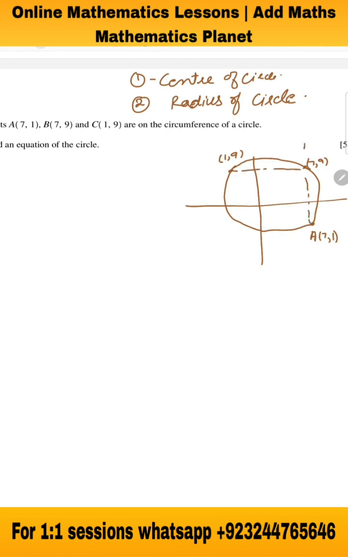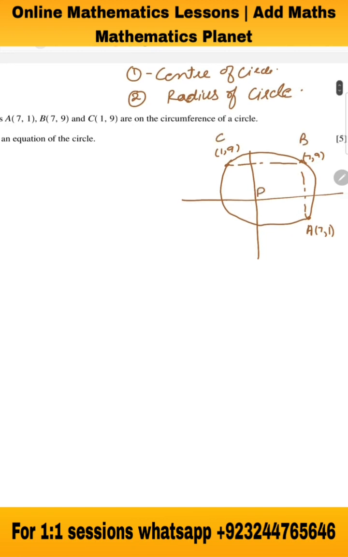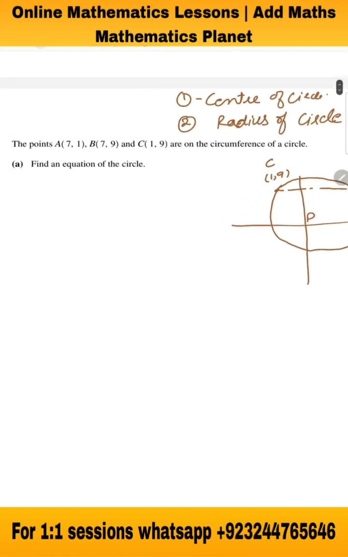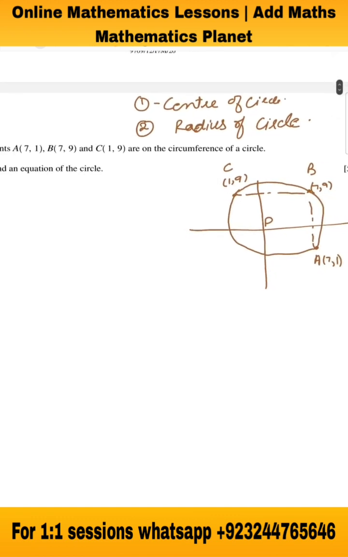So we have A, B, and C, 3 points, and point P is the center of the circle. Let P be the center of the circle.